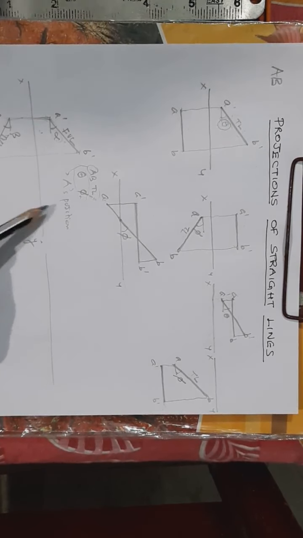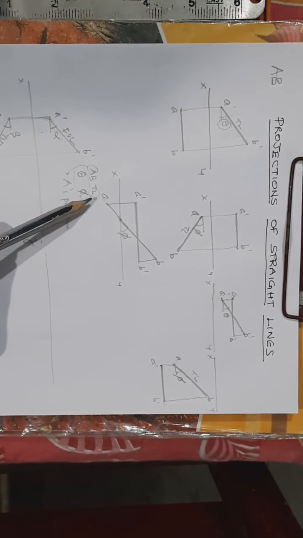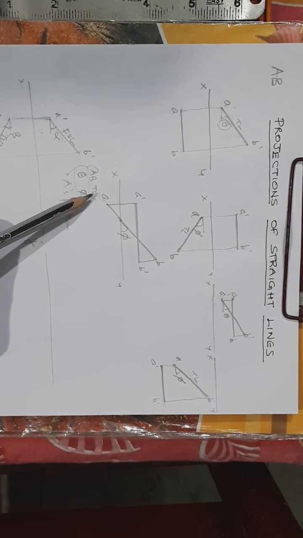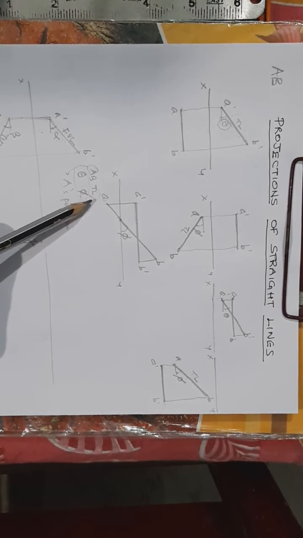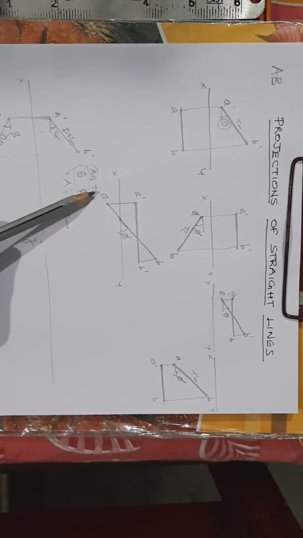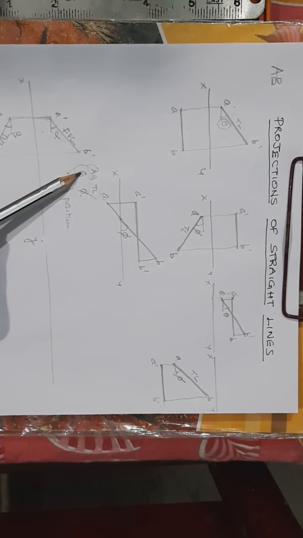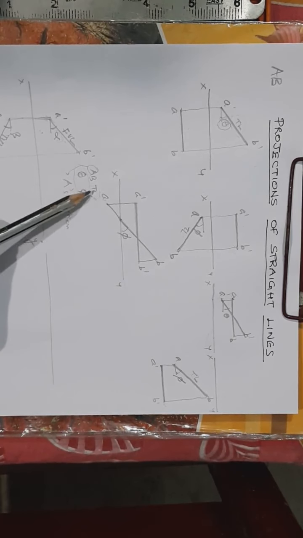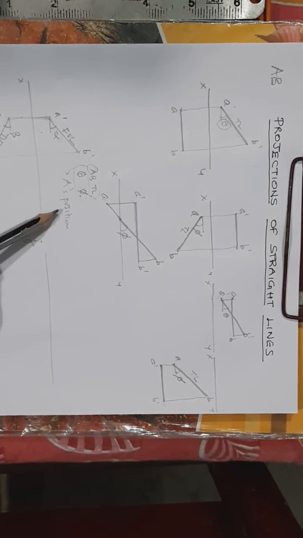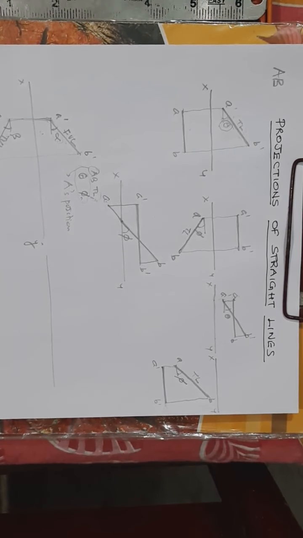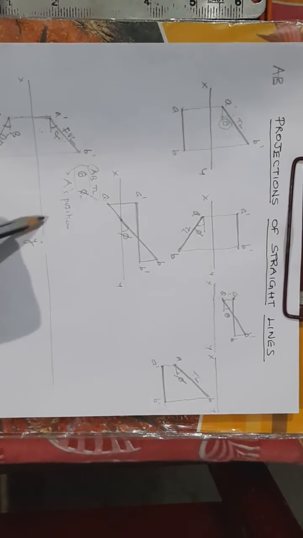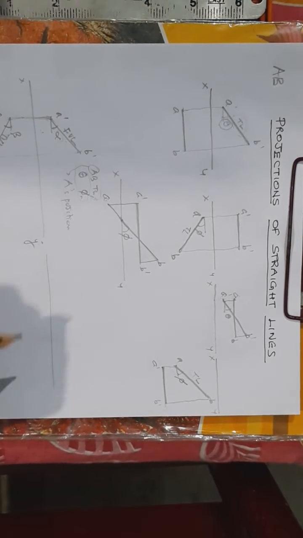The minimum required number of data for drawing the projections of a straight line inclined to both the planes is always 5. True length, theta and phi make 3, and A's position, meaning A's distance from HP as well as from VP, makes the other 2. So that means these 5 data are there.